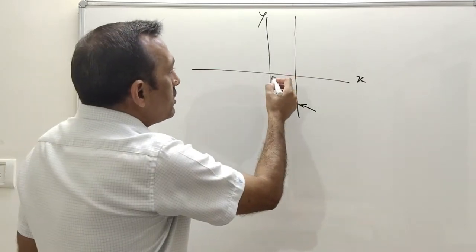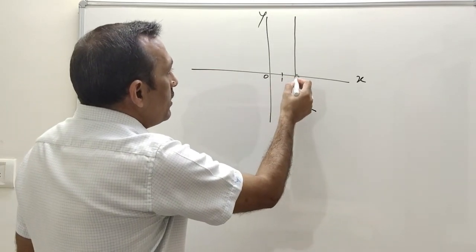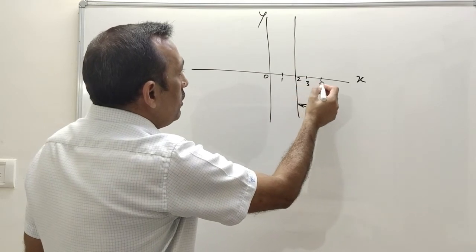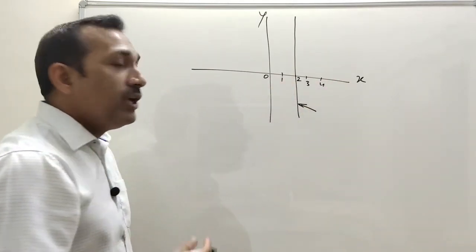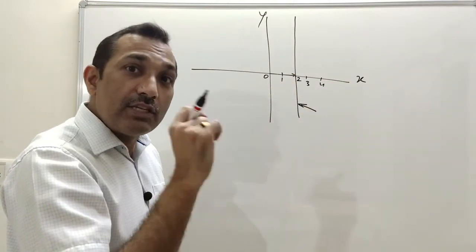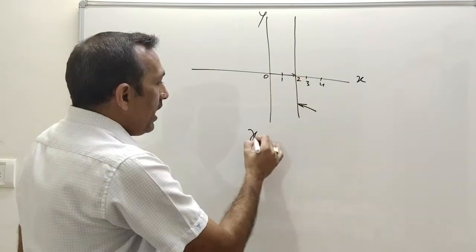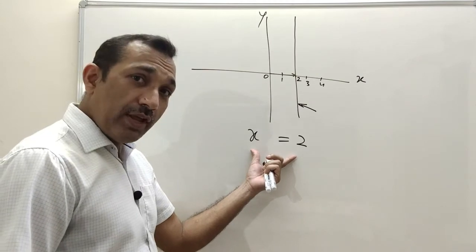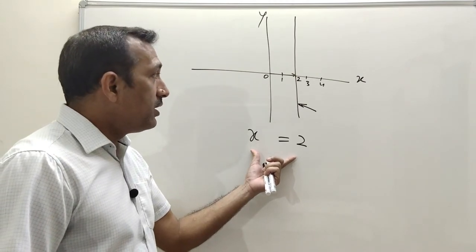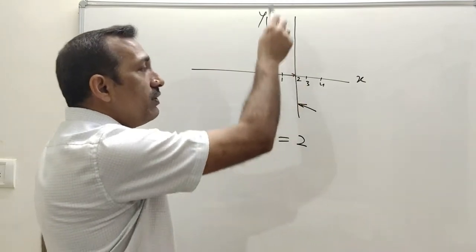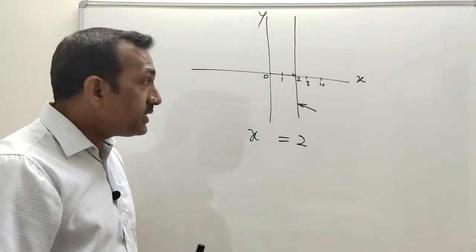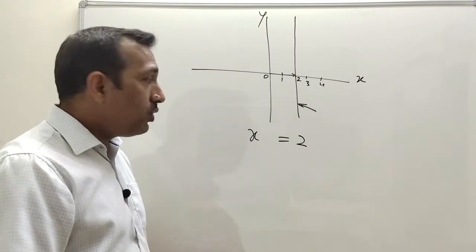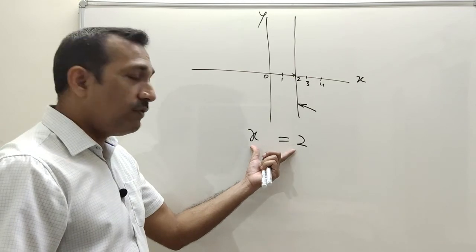Now suppose, see, this is 0, this is 1, this is 2, 3, 4, like this, right? That means value of x is fixed to 2. X equal to 2. That means the value 2 is fixed irrespective of the value of y.